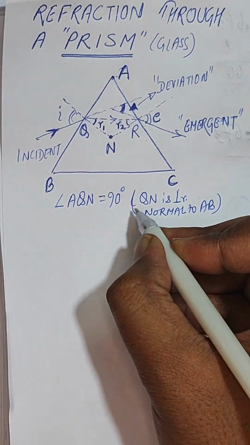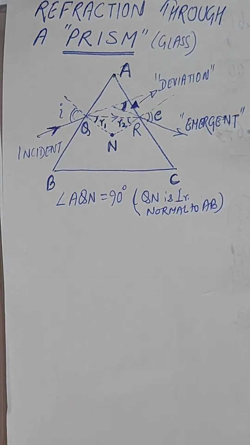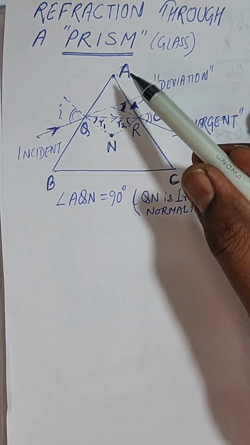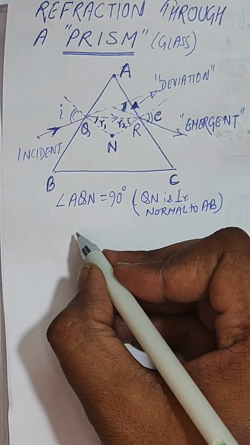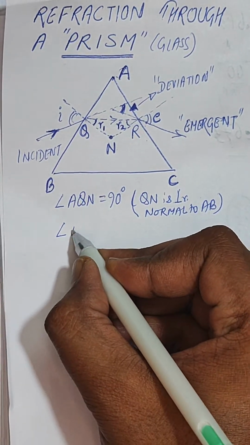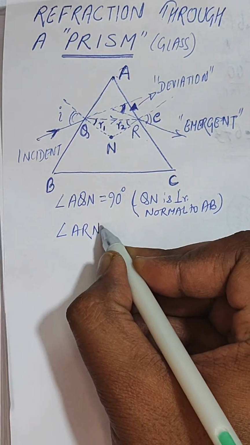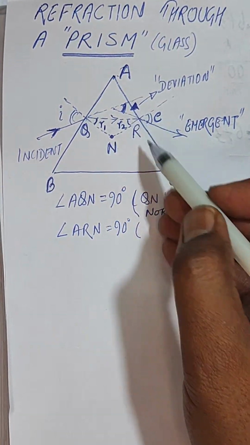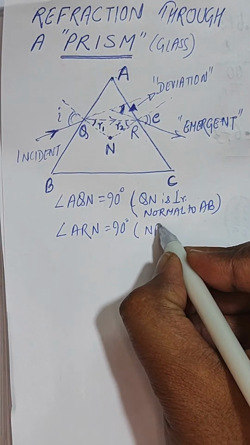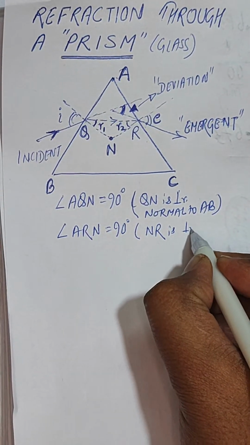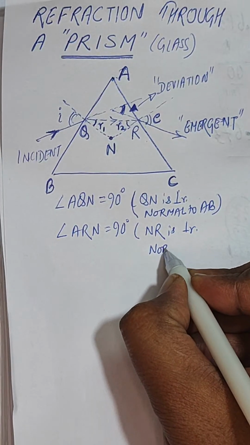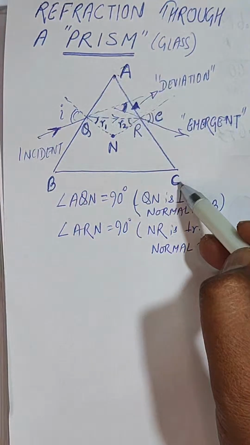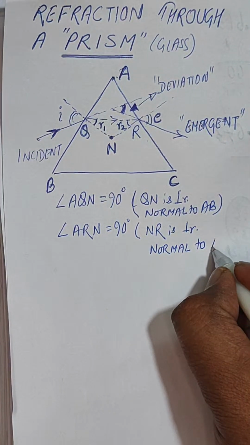Similarly, NR is a normal to the surface AC, so angle ARN is also 90 degrees. Why? Because NR is perpendicular, or normal, to the surface AC.